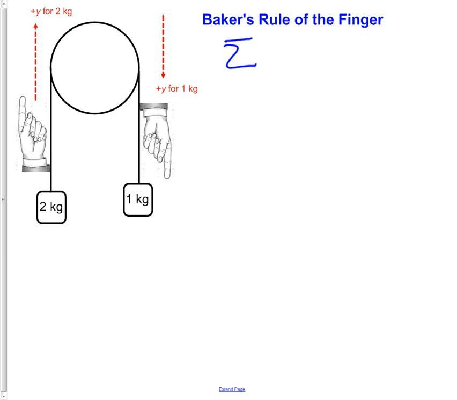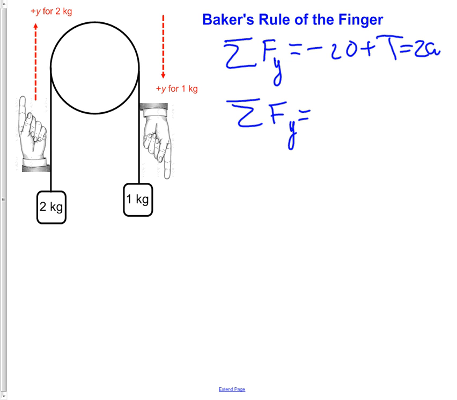Okay, so now we say when we choose this guy as the body, the sum of the forces in the y direction is equal to, and we're going to choose plus y this way, so it's going to be minus 20 plus T, and that's going to be equal to 2a. Okay, and the sum of the forces in the y direction for the other body is equal to plus 10 minus T, okay, and that's going to be equal to a.